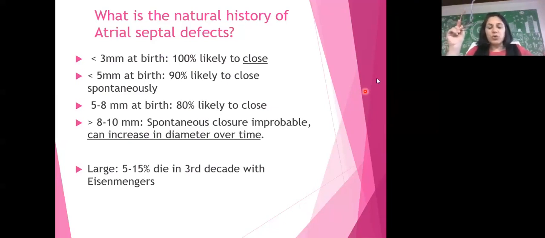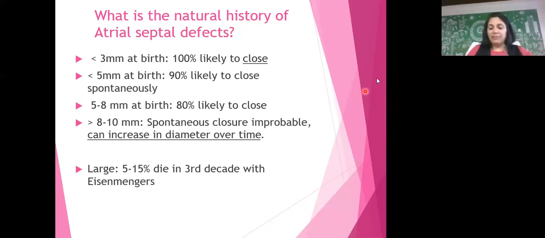Now, how do you say? Maybe it will close, and this is the incidence. But it may close, it may become smaller and become a PFO or a small ASD. But because of the left to right shunt, it can also stretch. So sometimes it can increase in diameter. So it is not like, oh, today it is 8 mm, and if they come after 1 year, it is 12 mm. It is not that the cardiologist made a mistake, because ASDs can increase with time.